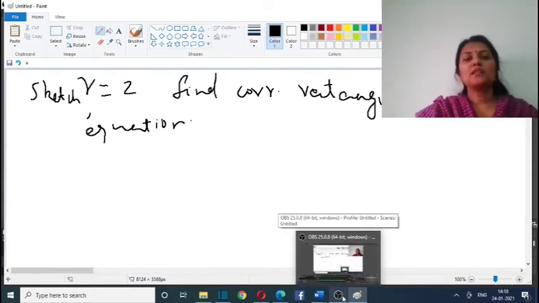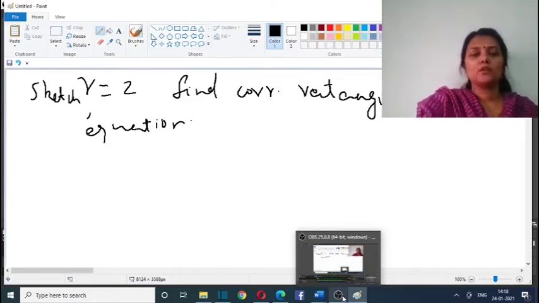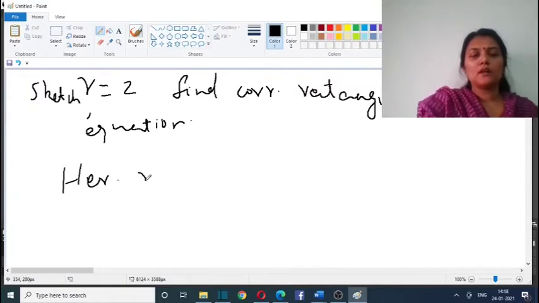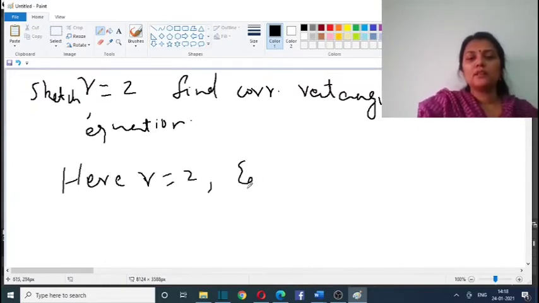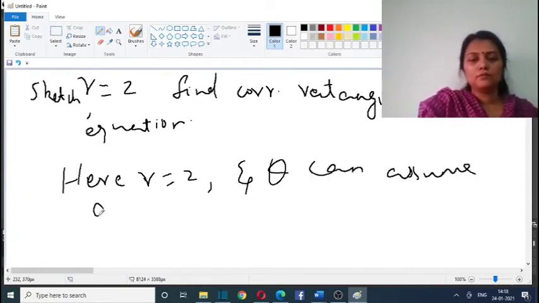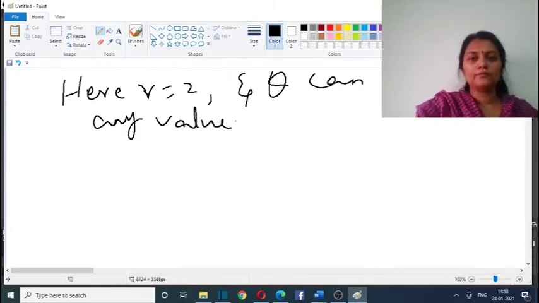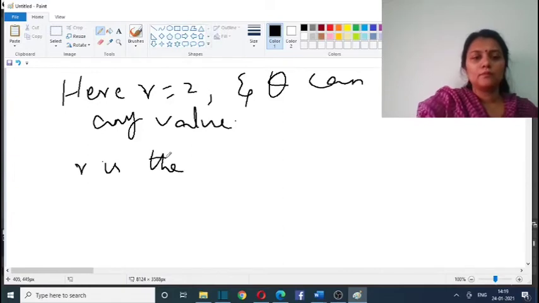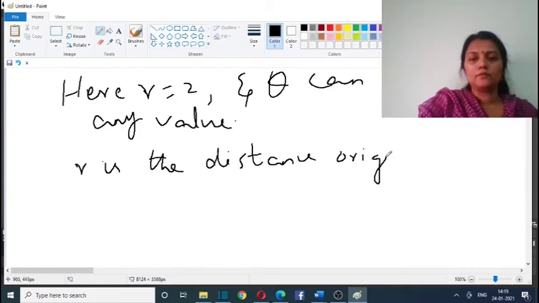Next problem is to sketch r equal to 2 and find the corresponding rectangular coordinates equation. Here r equal to 2 and theta can assume any value. r is the distance from the origin to the points and it is equal to 2.